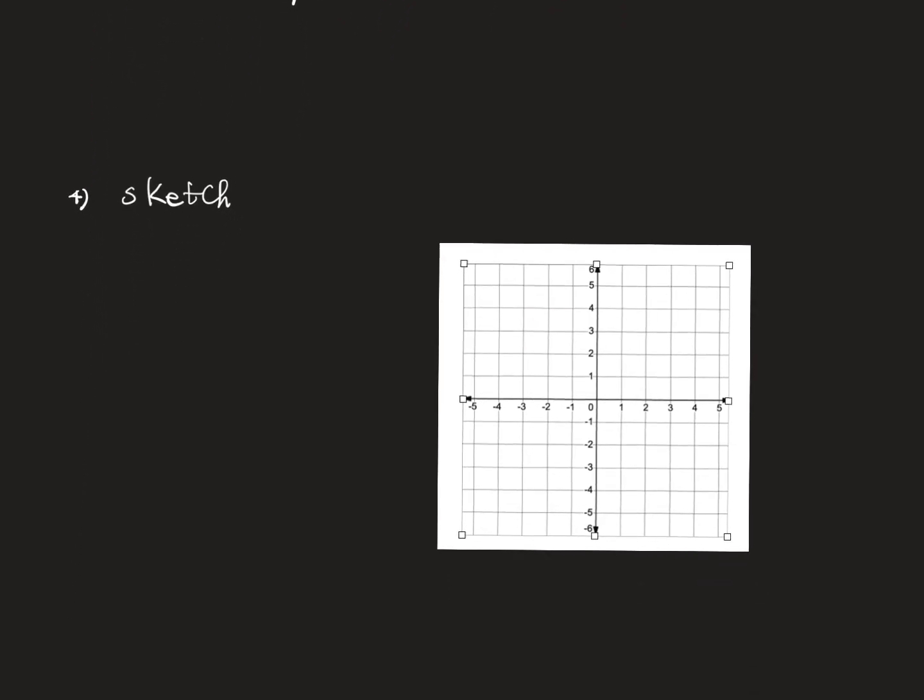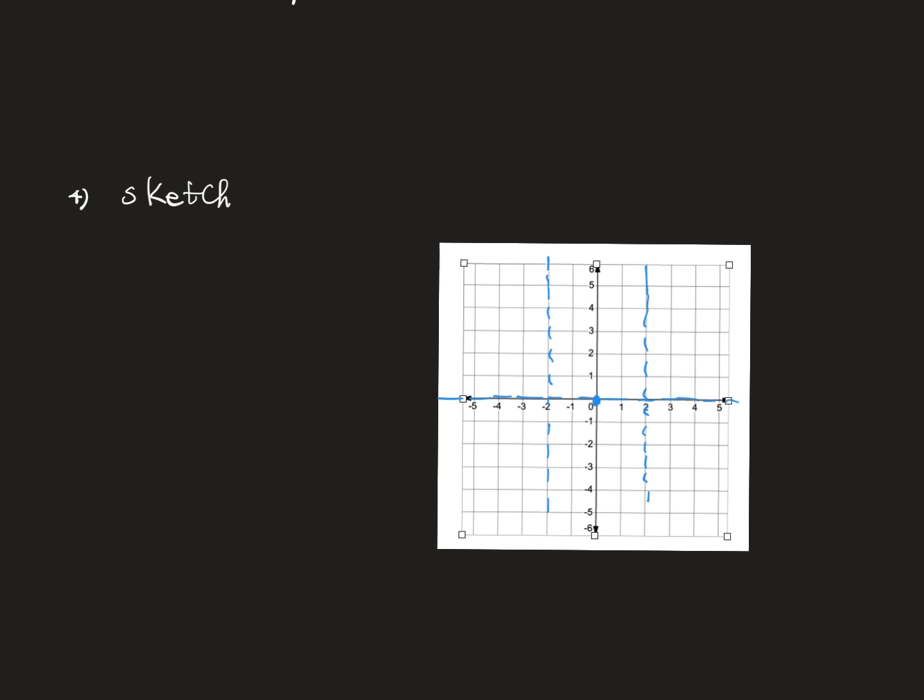Let's do the additional points and sketch it right here. So what do you see? The vertical asymptotes are x equals negative 2 and x equals 2. Here is the x- and y-intercept at 0 and 0, and the horizontal asymptote right here.